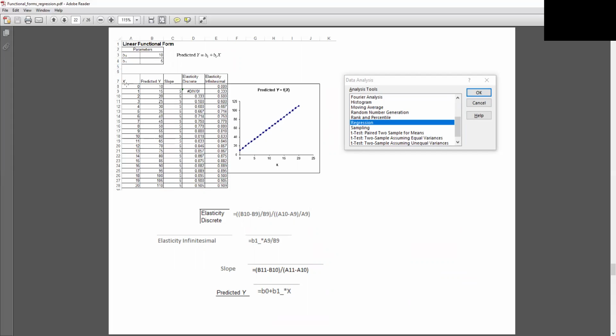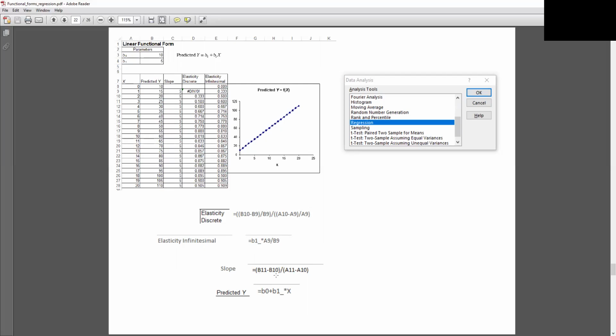Now you see we have the values of X, and then we can predict the value of Y using the formula, which is nothing but beta 0 plus beta 1 into X. The slope, if I am giving you the actual Y value as well as the actual X value, you can obtain by running a regression itself. But in this case, the problem is we have only the actual value of X and the predicted value of Y. The slope can be obtained by a simple formula, as you can see.